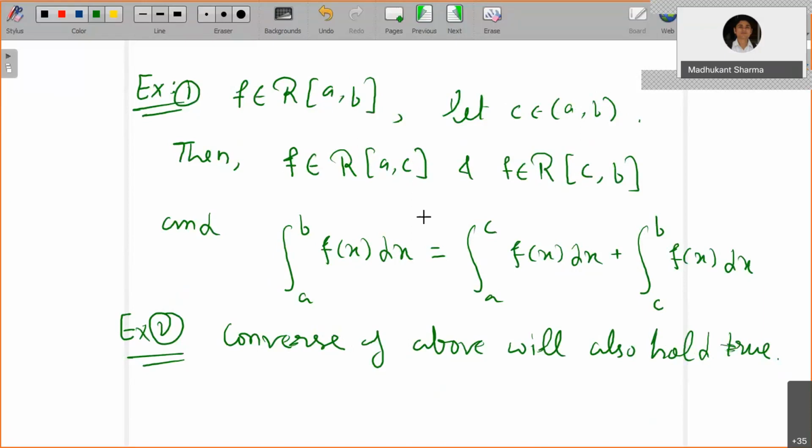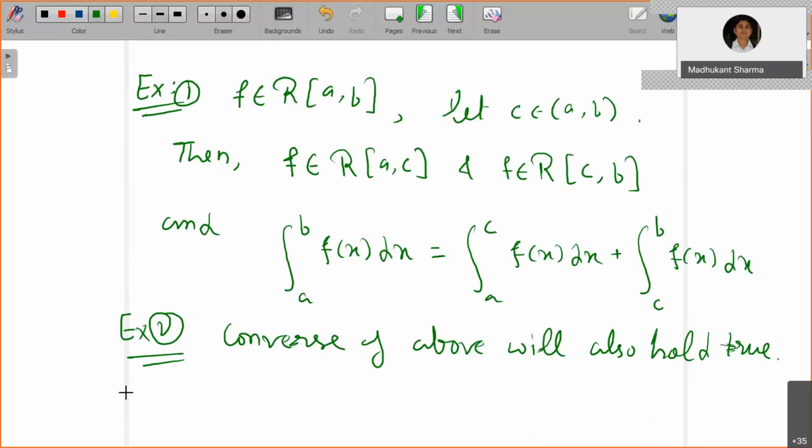So this is an if and only if condition. You can generalize this to any finitely many points x1, x2, and so on, and break the interval: integration a to x1 plus x1 to x2 plus x2 to x3 and so on.